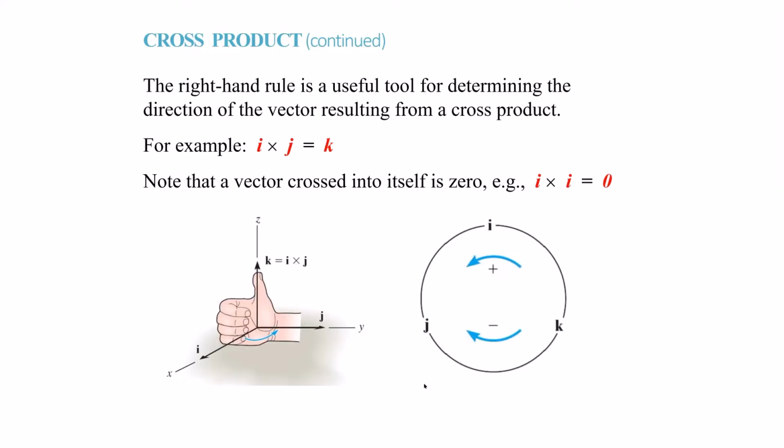So here we are looking at it when we're dealing with vectors in X, Y, and Z. If you have a vector that's off here, and another one that's off here, then the Z vector is going to be perpendicular to that.